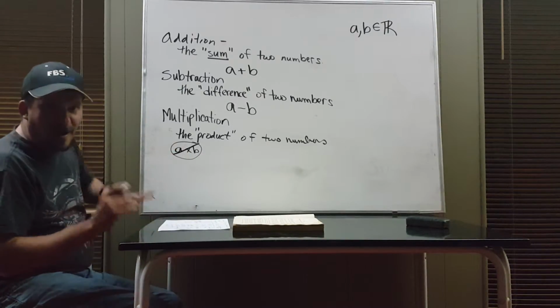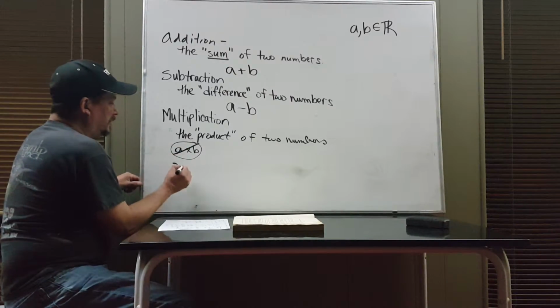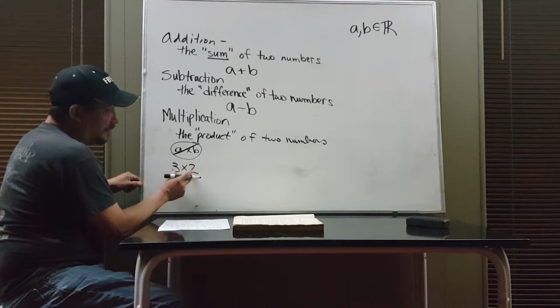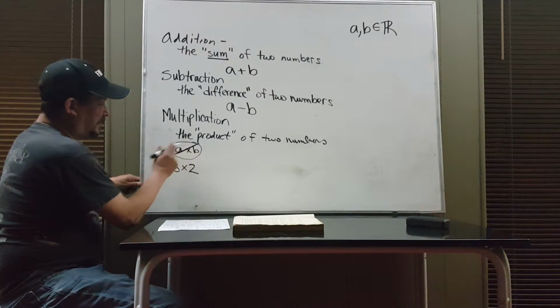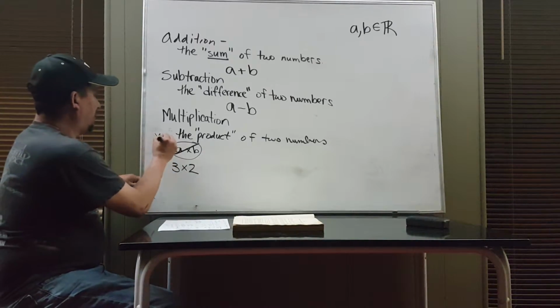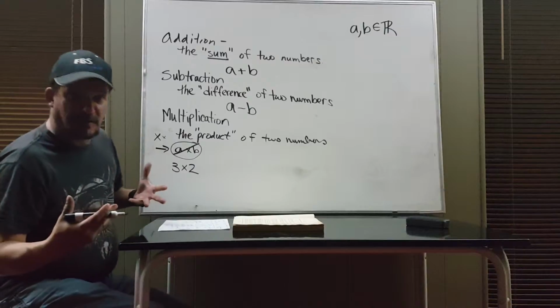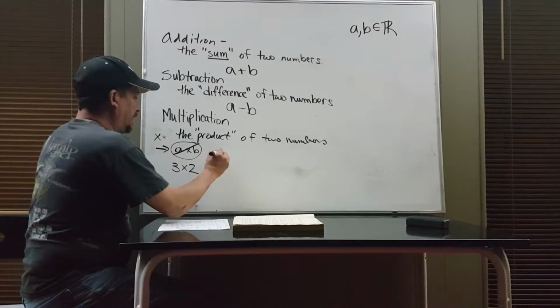So I'm going to put a little cross through A cross B. You often see when you use real numbers, this will be okay, 3 times 2. But when you use variables, this is not acceptable because X and cross are usually misunderstood for each other. Which I could get to the next one that is definitely used.